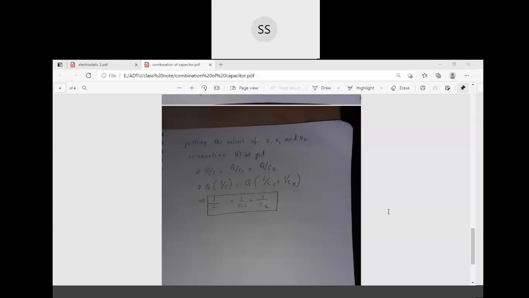What will be the equivalent capacitance?